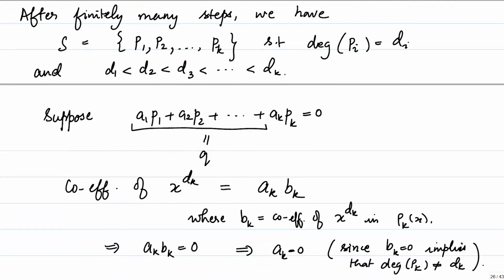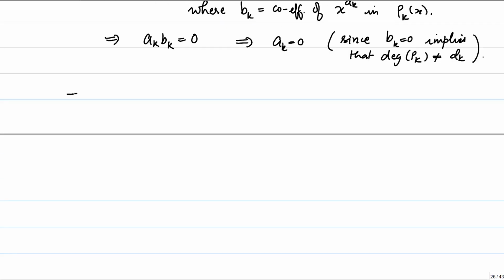Okay, so let's get back to our star. We have just established that ak is 0. This implies that a1 p1 plus a2 p2 plus up to ak minus 1 pk minus 1 is equal to the 0 polynomial, because ak is 0 and the last polynomial does not contribute.